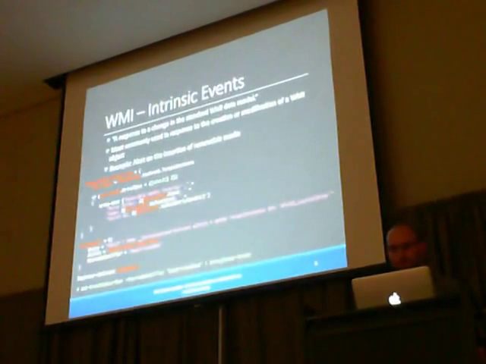So this would trigger if any disk was added, but what I'm interested in are logical disks that are removable. So in my script block, I check the drive type. Drive type 2 is the removable drive, and I just call Write-Host and print out the drive info.